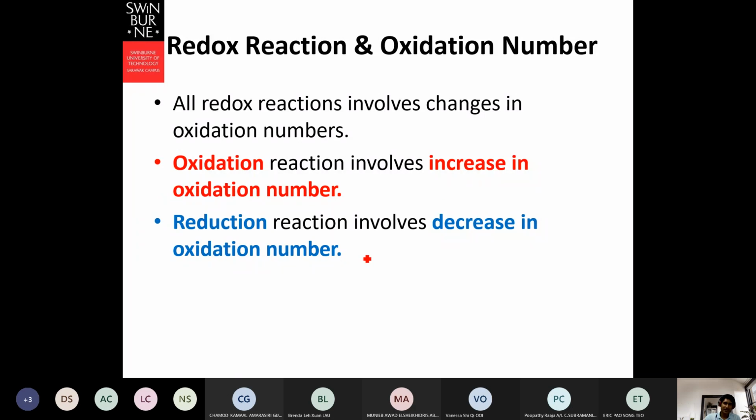So when oxidation number increases for an element, we call it that oxidation is going on there. Okay, or that element is involved in oxidation reaction, and when it reduces, we call it the reduction is going on. So how do we find out the oxidation number for an element?